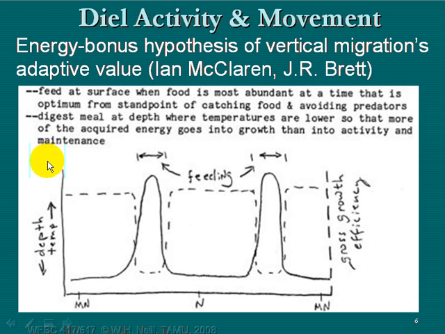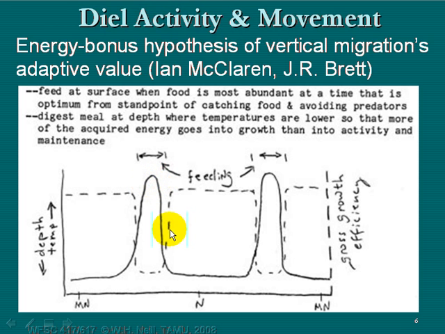I have a little graph here to illustrate the points that I just made. Here's depth going down and temperature coming up as we go toward the surface. And over here is gross growth efficiency. And so the idea is that at midnight and during the night, the animal is at depth, but it rises at dawn and dusk and does its feeding when it's efficient to feed, when it can see the food, but the food is abundant and there's not too many things around to eat it.